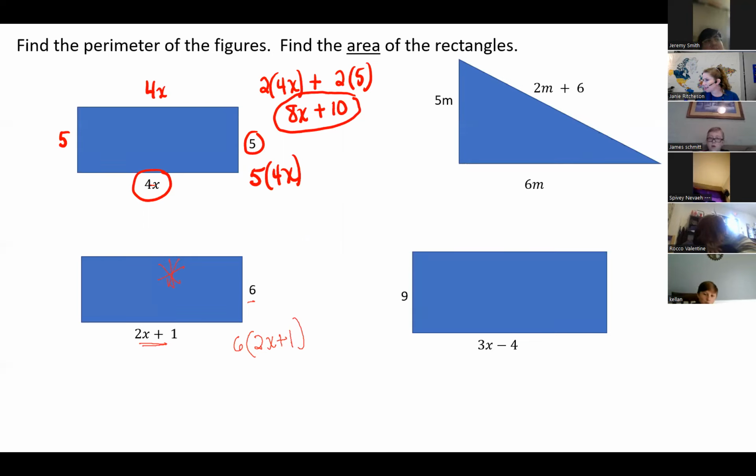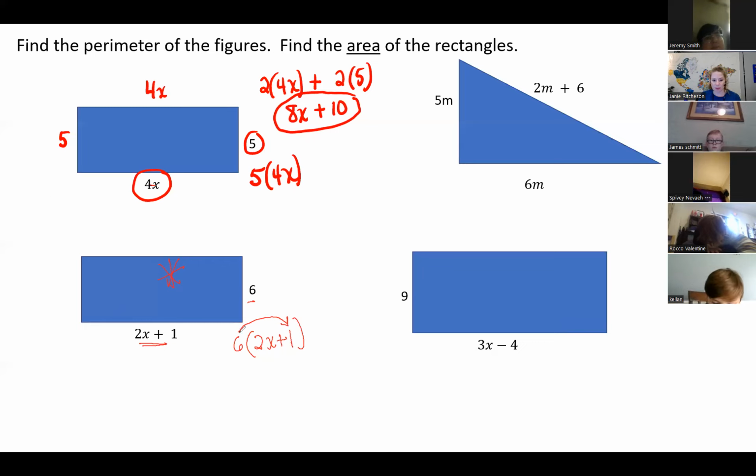Good, Caitlin. Karen, yes. Isabella, make sure you multiply 6 times 1. Uh-oh, James, something happened. We can't combine unlike terms. Did you mean to put 14? No. Now we're doing area, Luke.